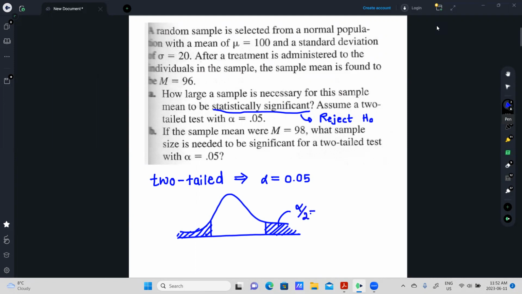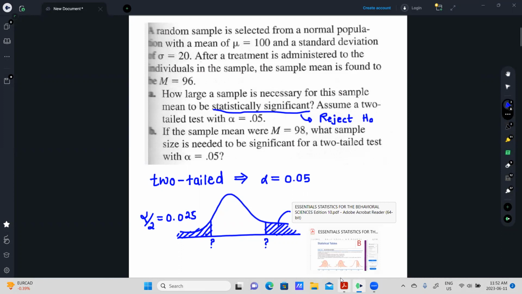So on each side you will have the probability alpha divided by 2, that means 0.025. We need to find this critical value, the boundary where the rejection region starts. Since you know the probability of this area, you can check the tables and find the value.